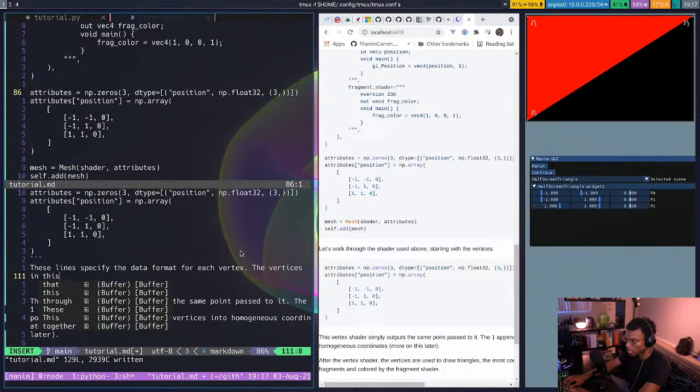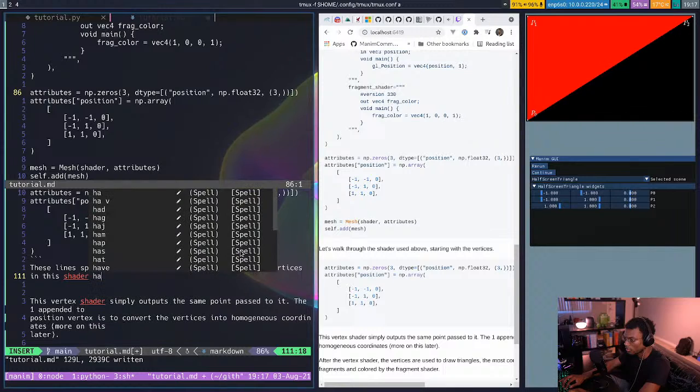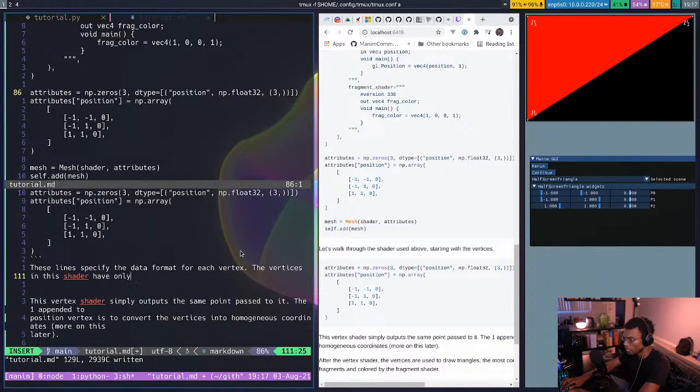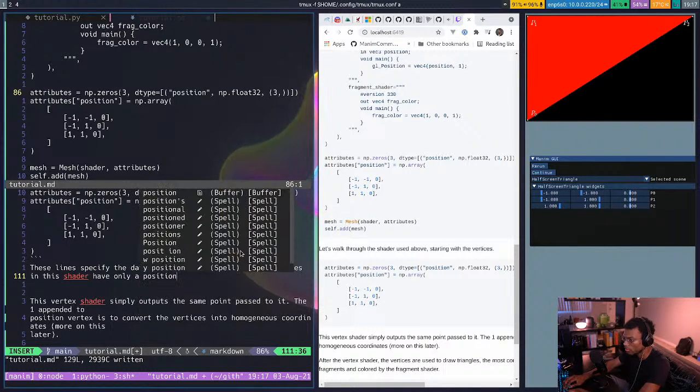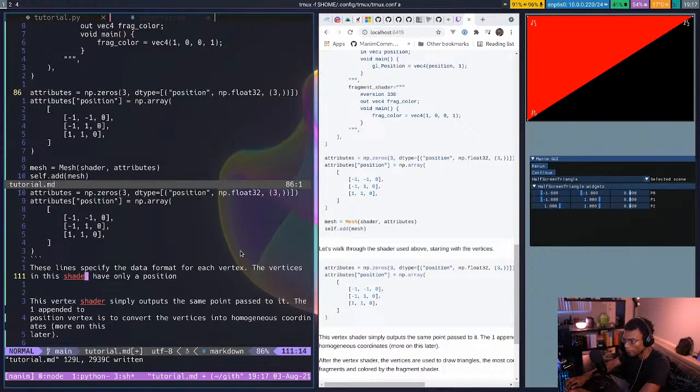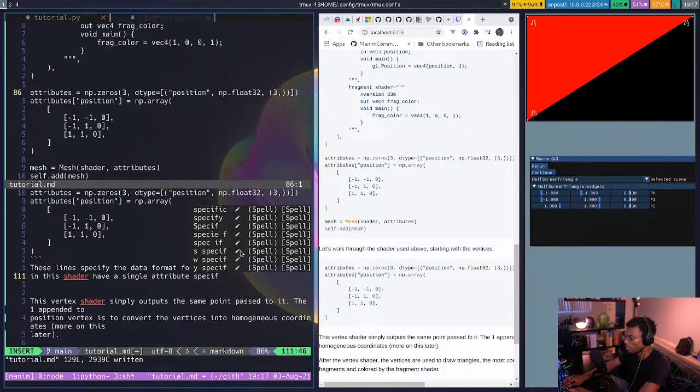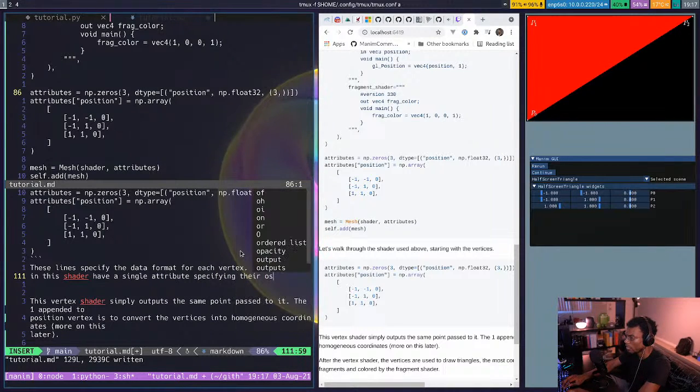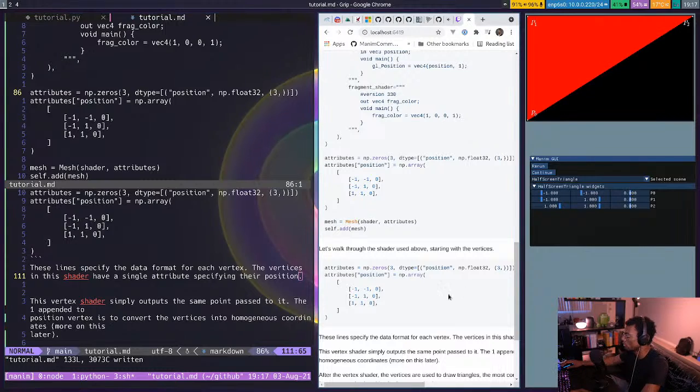The vertices in this shader have only a position. A single attribute specifying their position. Yeah, I think that's a decent enough explanation.